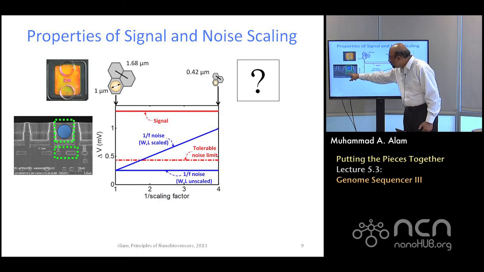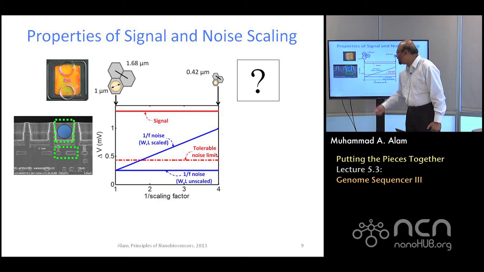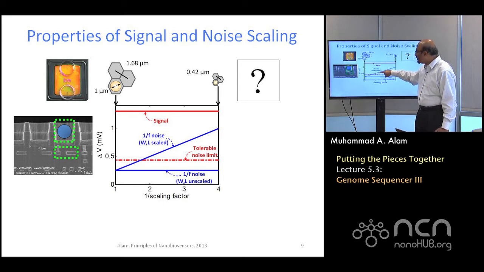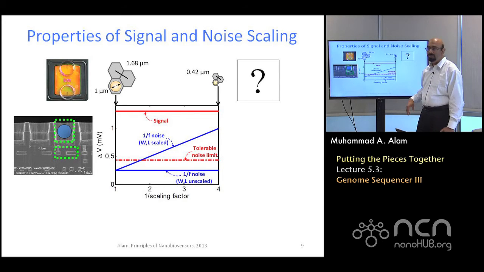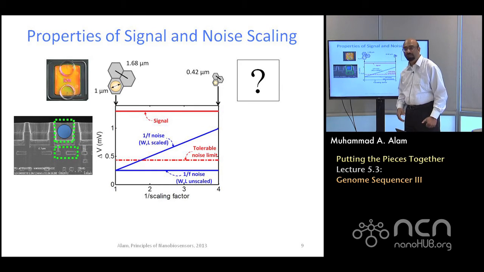On the other hand, if you make the transistor smaller and smaller, the noise will keep rising. I'll have an extra lecture on noise, so I'll discuss it then. But for the time being, the only thing you need to remember is that the noise increases inversely with the cross-sectional area of the transistor. So the noise goes up. The signal to noise ratio will degrade dramatically if you scale both the transistors and the wells, which is a bad thing.